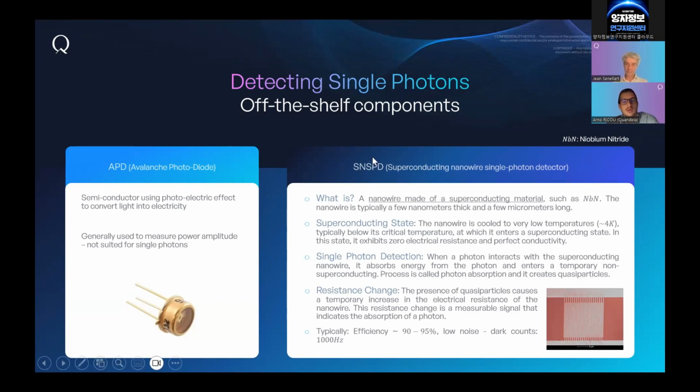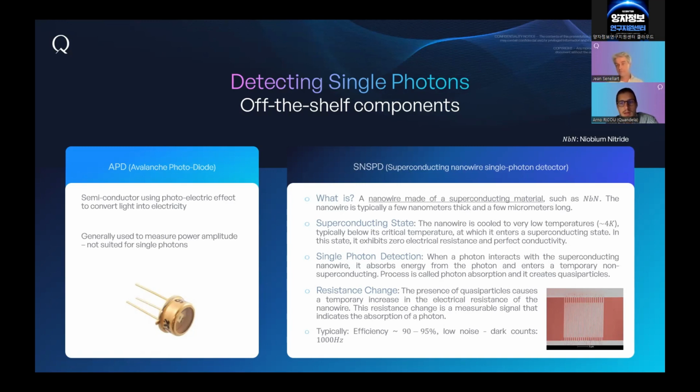Instead, we use SNSPDs, superconducting nanowire single-photon detectors. They're a nanowire made of a superconducting material such as niobium nitride. The nanowire is typically a few nanometers thick and a few micrometers long.